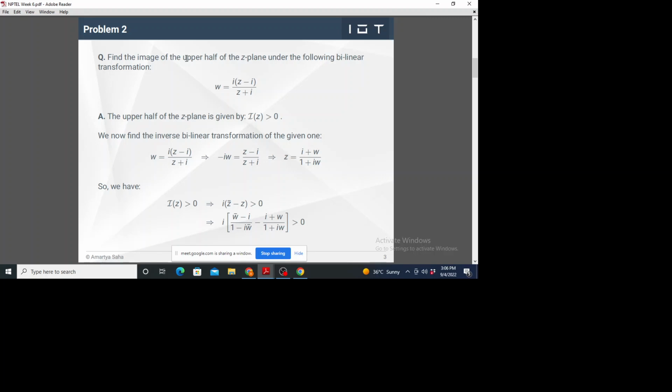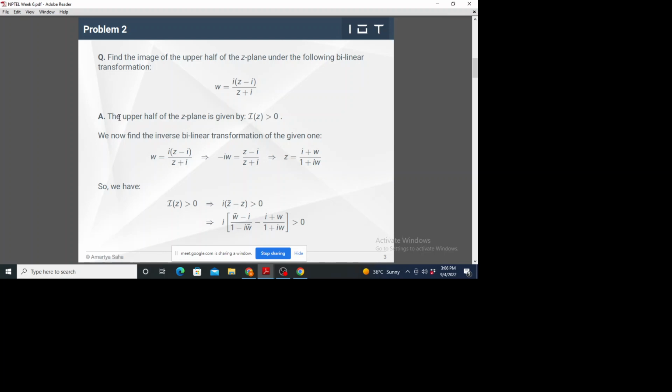Find the image of the upper half of the Z plane under this bilinear transformation. It can be tackled in the same way that we have just seen. So let us start.